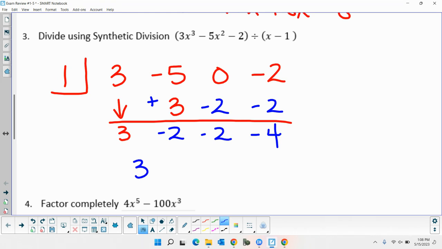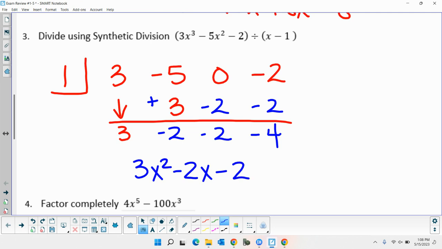Yeah, it's 1 less. This started out 3x cubed, so our answer is 1 less as far as the exponent goes. So 3x squared, then minus 2x, minus 2.